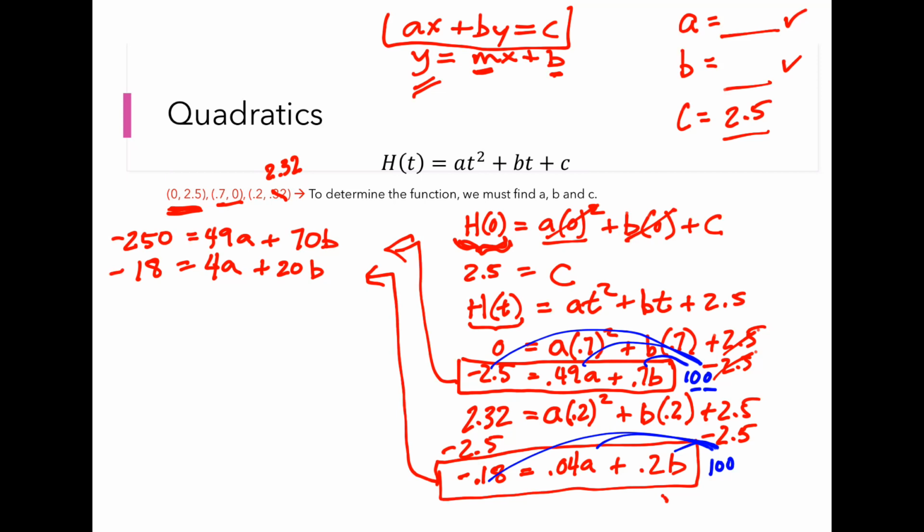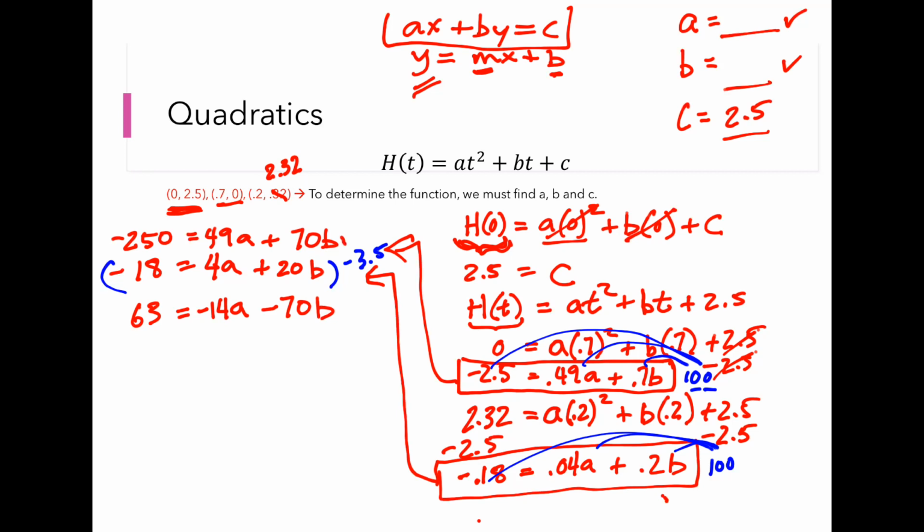So I'm going to rewrite this equation by multiplying this one by negative 3.5. Again, that has to go to every single term as I multiply. Since it's negative times negative, that gives me positive 63, and negative 3.5 times 4a is negative 14a, and then negative 3.5 times 20 is minus 70b.